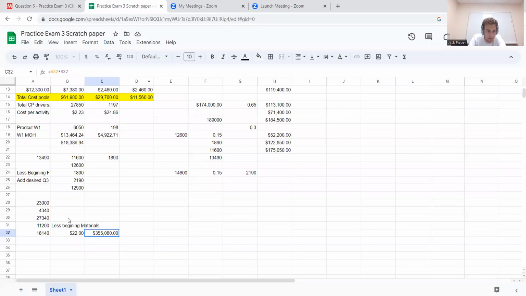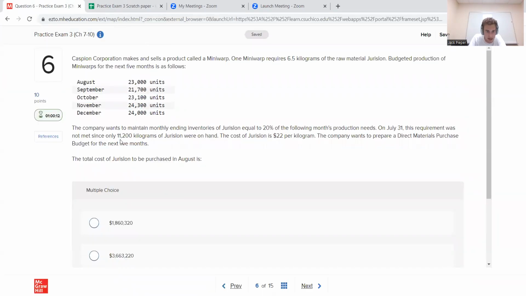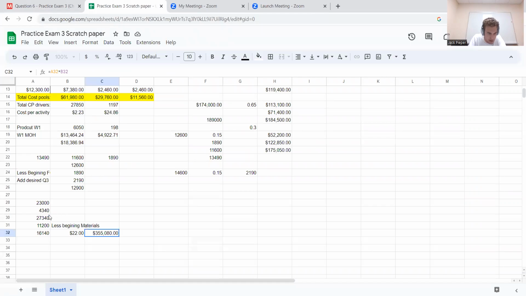I see what we did. Okay, so this is tricky. I was looking at units and this was in kilograms. So make sure that your numbers match and they're all in kilograms here. So no harm, no foul, we'll just convert this into materials, right? So we'll hit the materials.